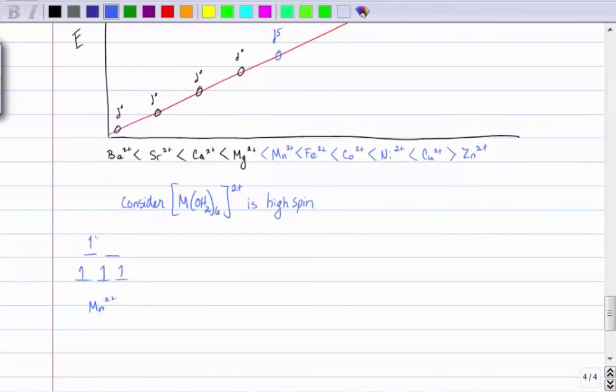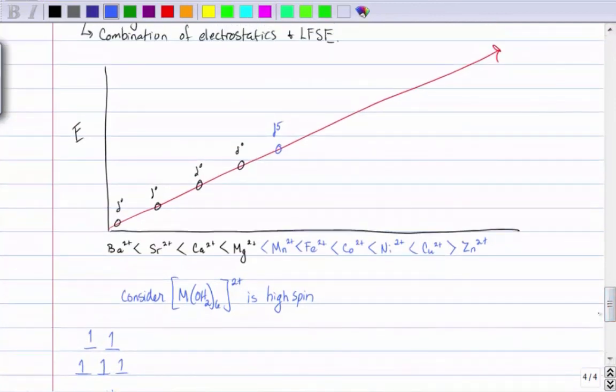There's no ligand field stabilization energy there. For iron, what's my d electron count? It is d6. And it's just above that line.